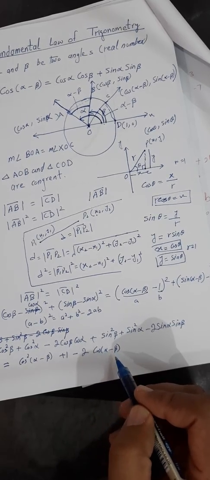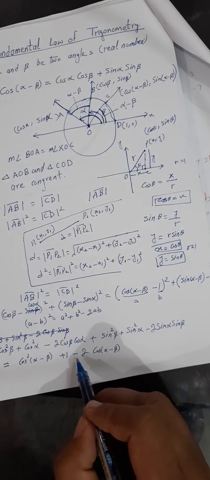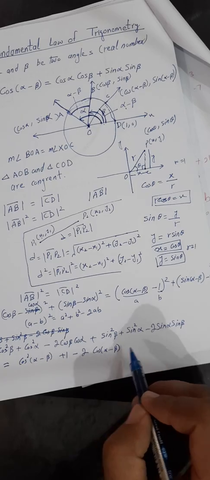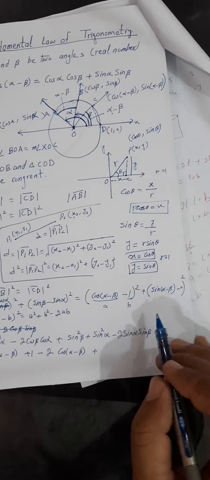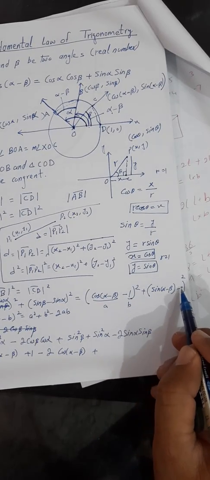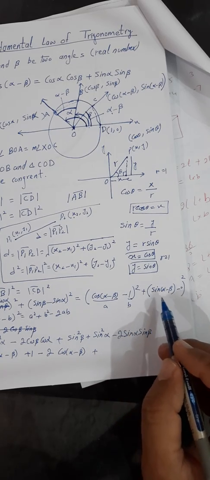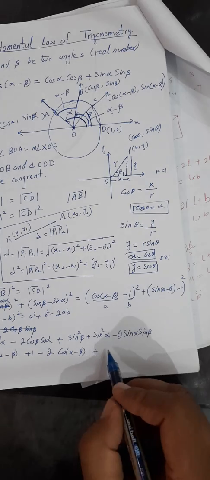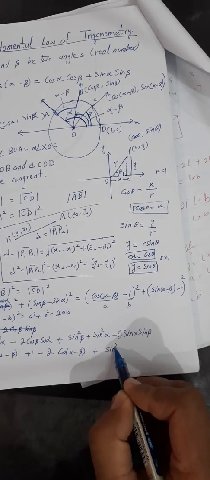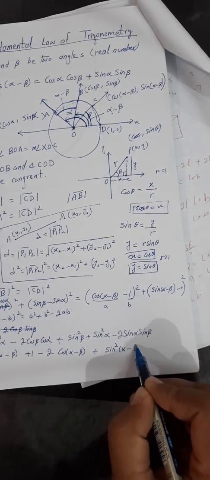The second term is 0, which is useless. So we take the square of sin(alpha minus beta), which is sin square(alpha minus beta).